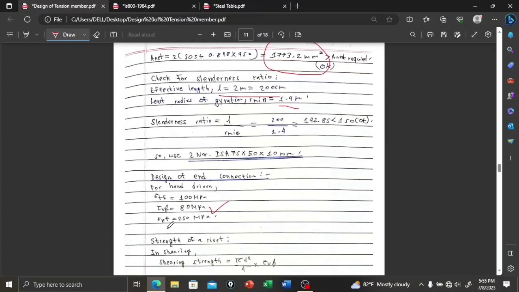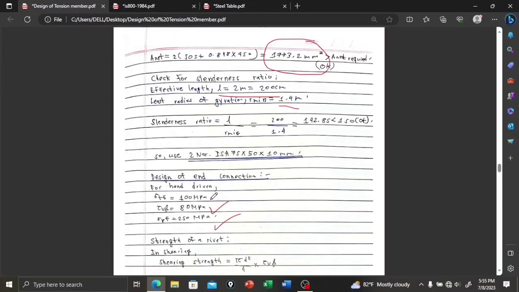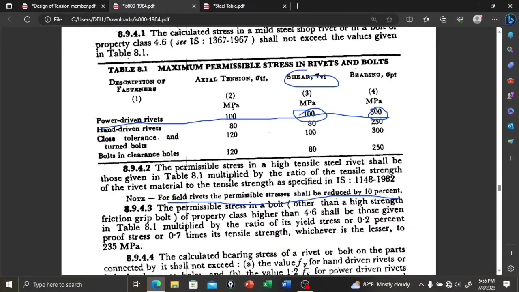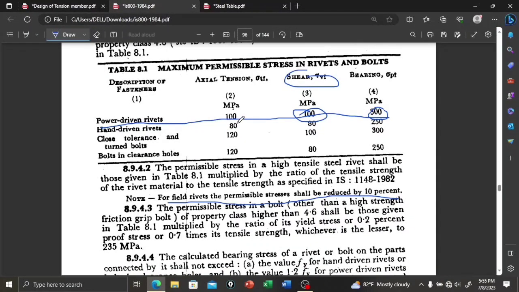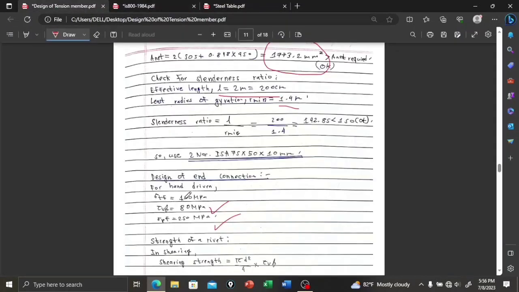Tau vf is 80, sigma bf is 250, and this sigma in tension is 0.6 into 250. Sigma tf should be 80 megapascal.